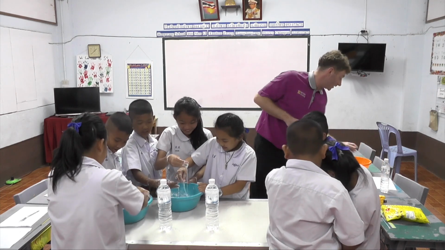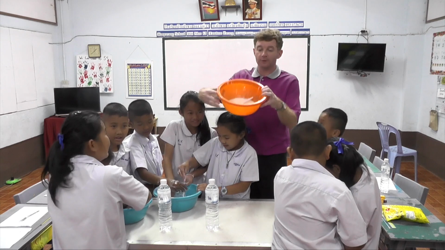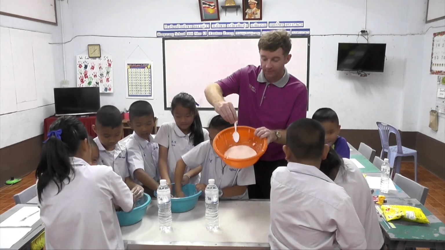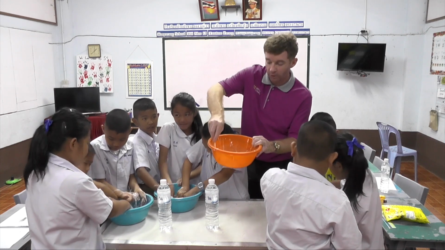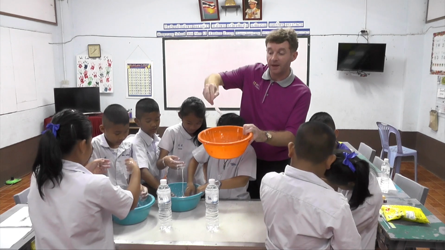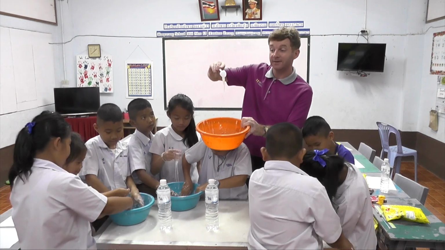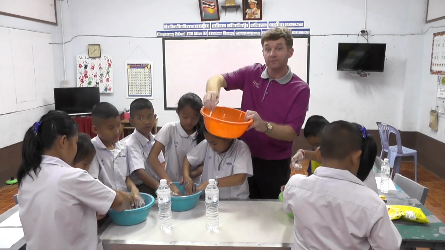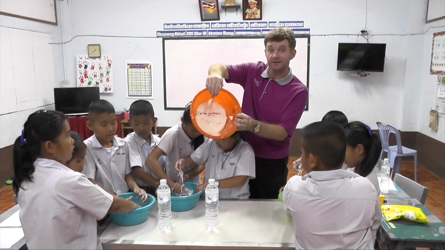Here's one I prepared earlier. You can see how the cornstarch goes with the water. It goes hard. But you can still scoop it, and then you will see it can still drip. This is how the cornstarch should go. Can you see?